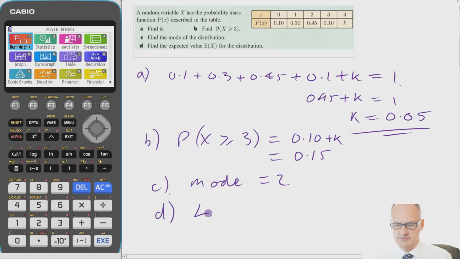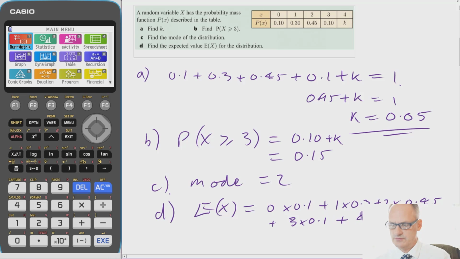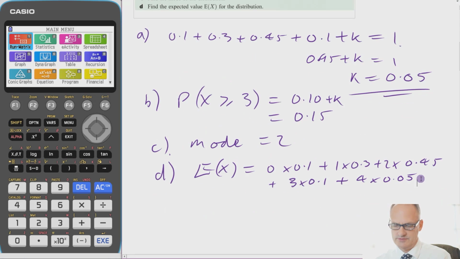D, find the expected value of our distribution. So the expected value is equal to the probability times the value, and we add them all up. So 0 times 0.1 plus 1 times 0.3 plus 2 times 0.45, plus 3 times 0.1 plus 4 times 0.05. Let's just work that out.